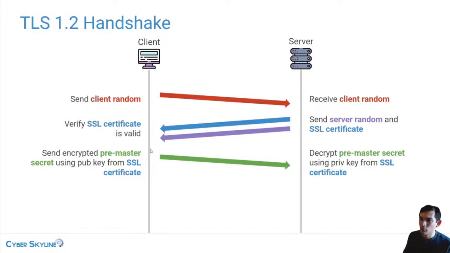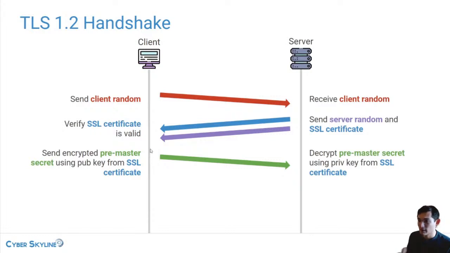And that will get sent across the internet, and only people who have the private key corresponding to that SSL certificate's public key should be able to decrypt that pre-master secret. So this is being sent over the internet, but it is encrypted, so people cannot decrypt and get the pre-master secret, in theory.